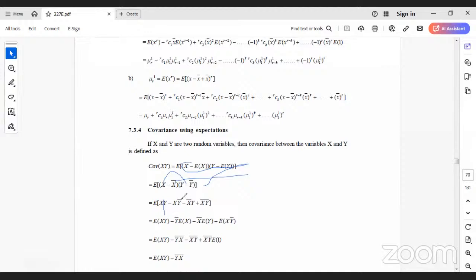Then E remains as it is, and I take y as a constant. Taking y bar E of x, the bars come outside: x bar E of y. Here there are two bars, so x bar y bar comes outside, and E of 1 is 1. Since E of x is x bar and E of y is y bar, we get E of xy minus x bar y bar minus x bar y bar plus x bar y bar.